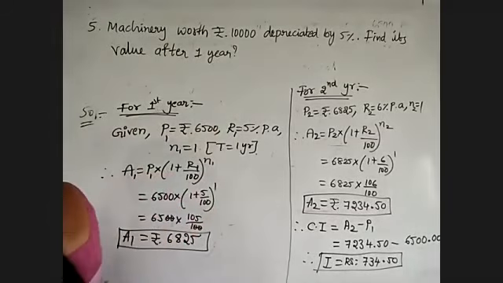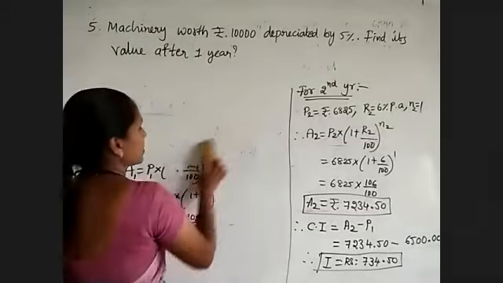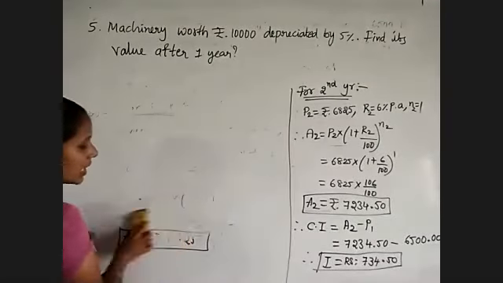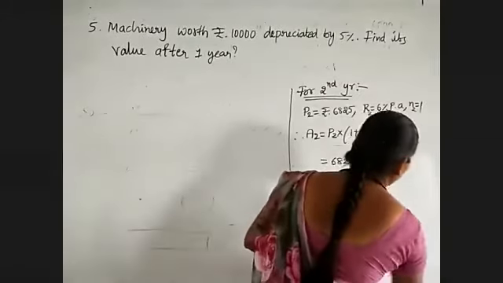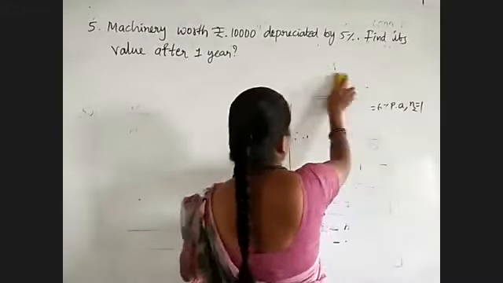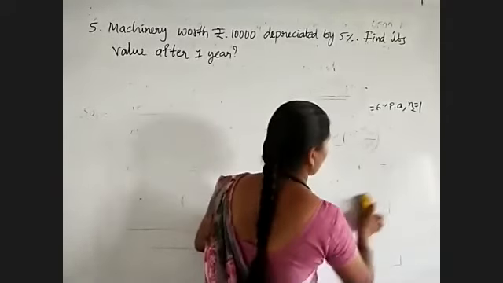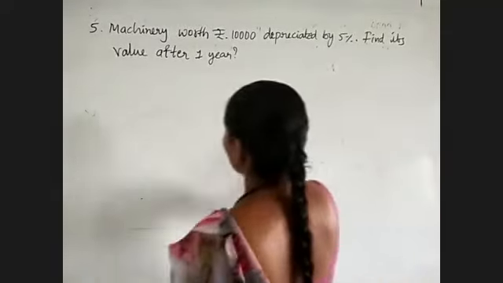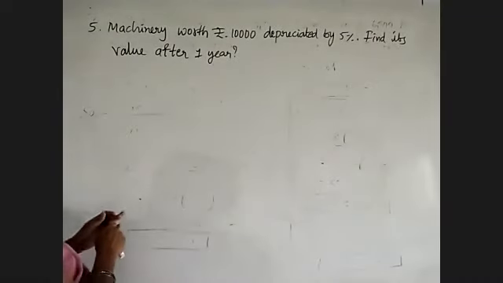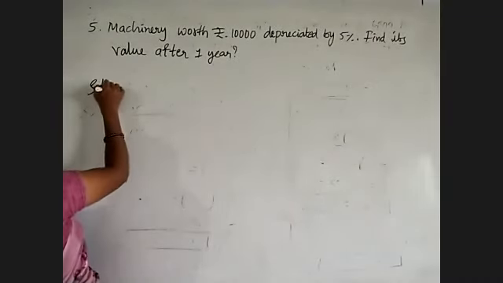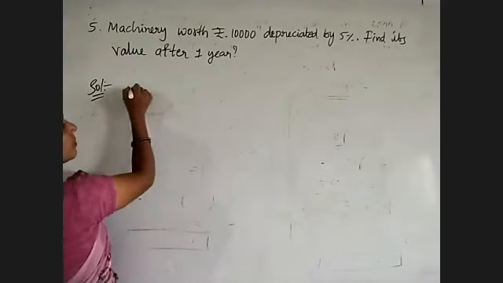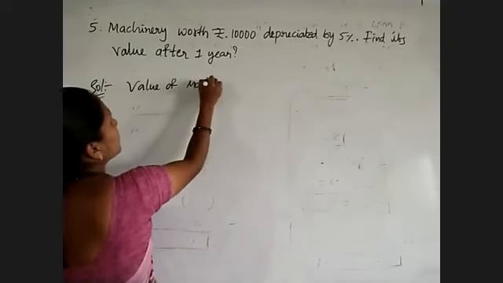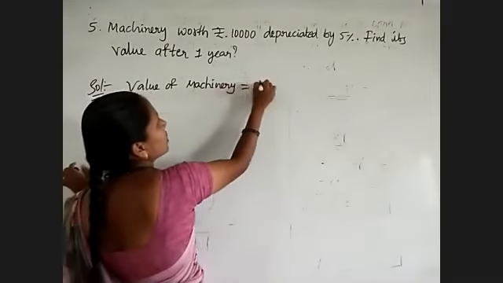Okay, observe the problem. Same as the second problem we discussed previously. Depreciation is nothing but a decrement in the value. How much decremented? Again 5% only. Find out 5% of the given worth. So here the value of the machinery is equal to 10,000 rupees.